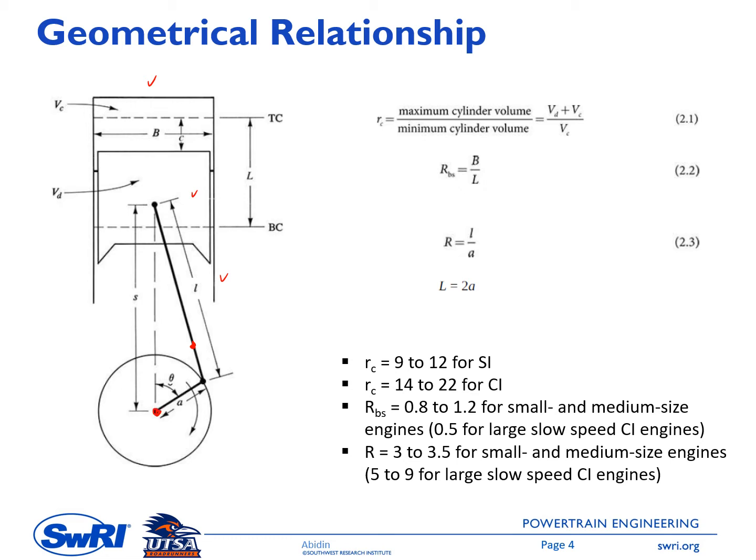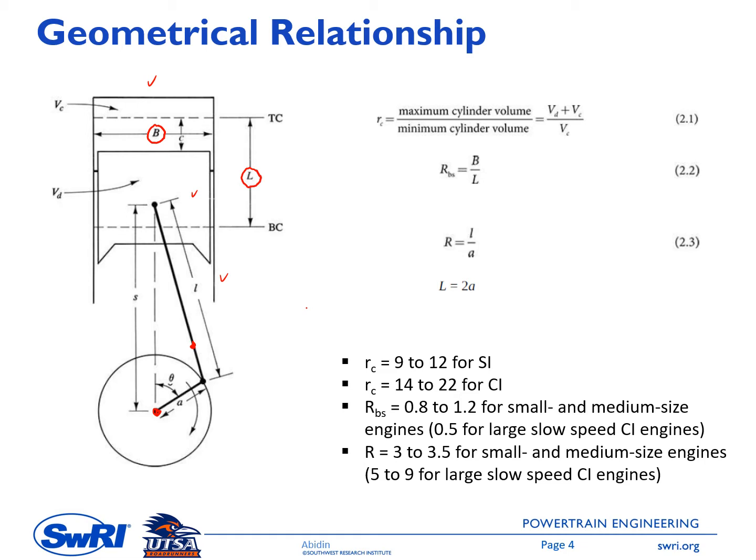Let's take a look one by one at these geometrical parameters. The first parameter is the cylinder bore, and this is represented by the letter B. So B here is the cylinder bore. And then we have the cylinder stroke with a capital L here. Cylinder stroke, I think we learned it in chapter 1.